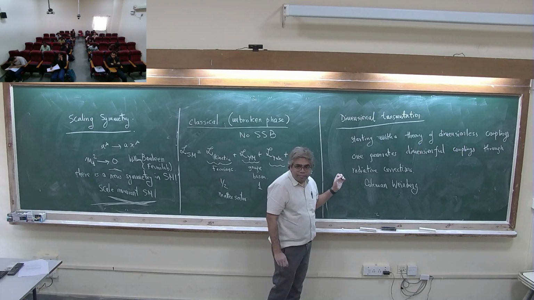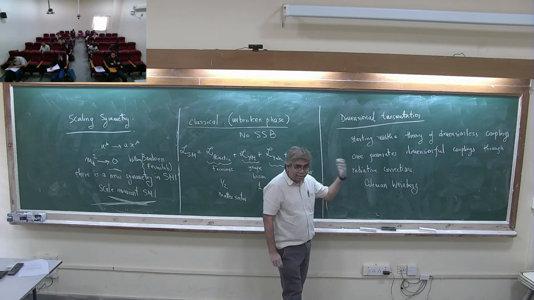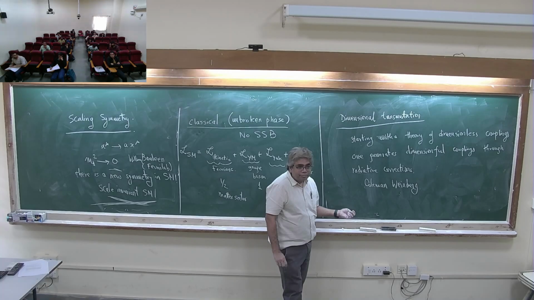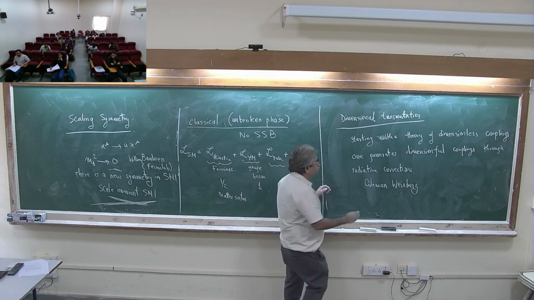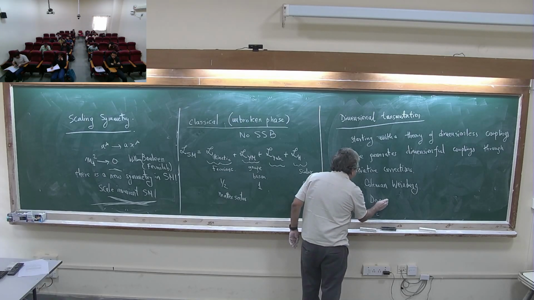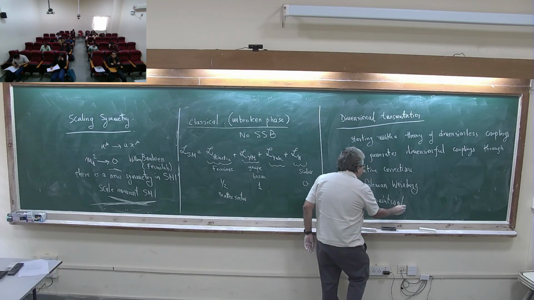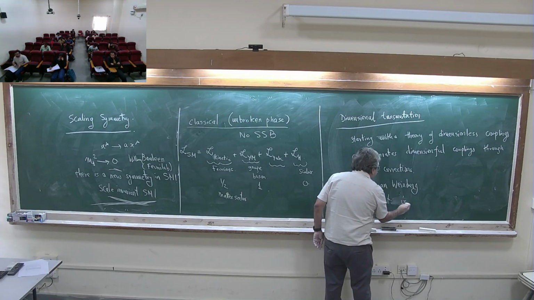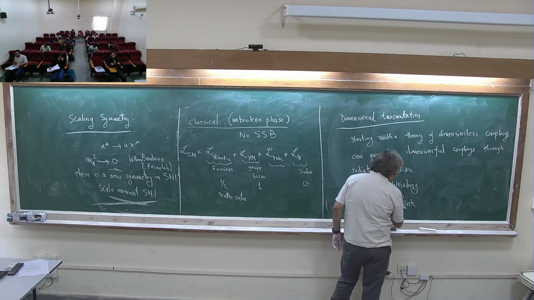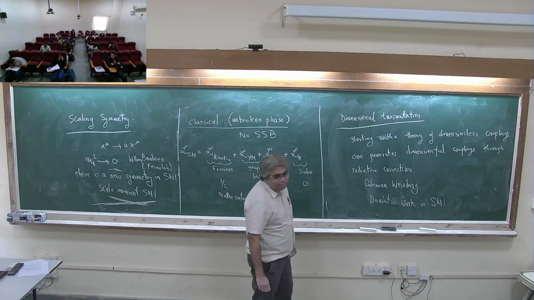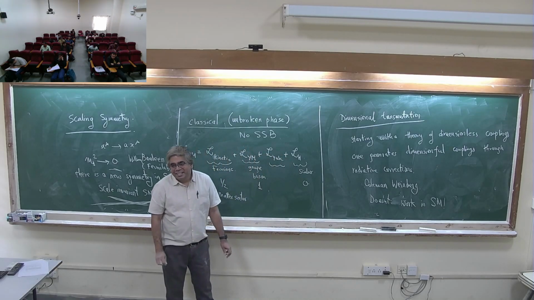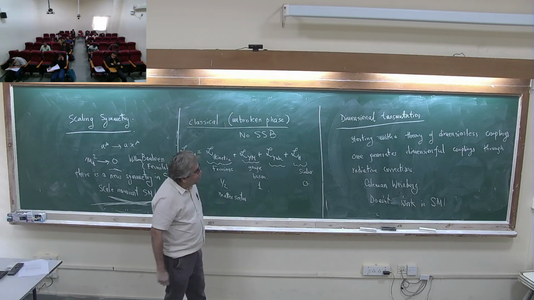If you set mu square equal to 0, it does get generated at one loop, but the Higgs mass is 60 GeV or something, which is not what it is. So this entire idea doesn't work in the Standard Model, but it is useful for various other things. So we still have to live with the naturalness problem. Okay. And we still have to believe in God.